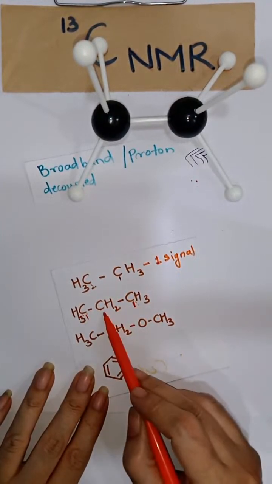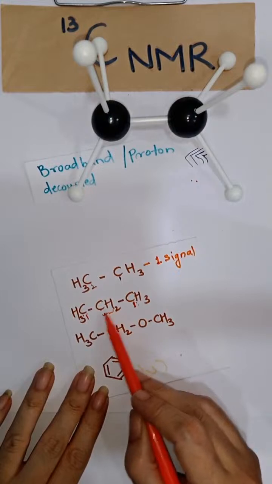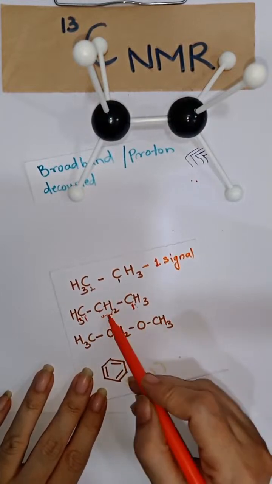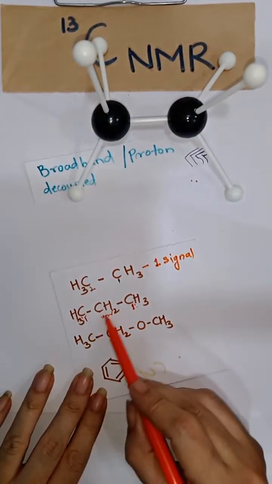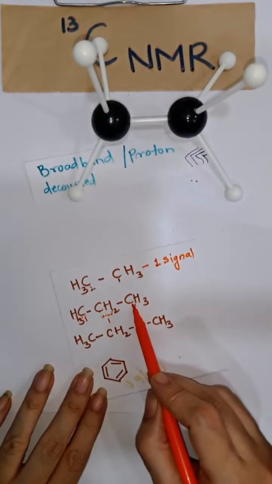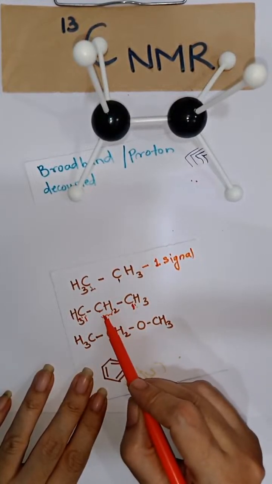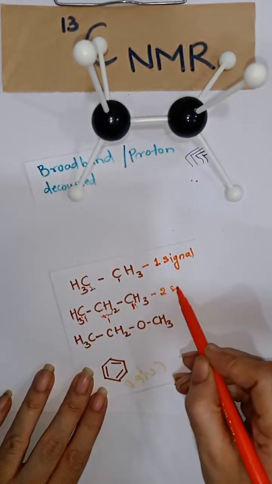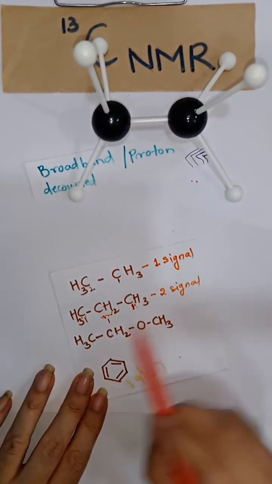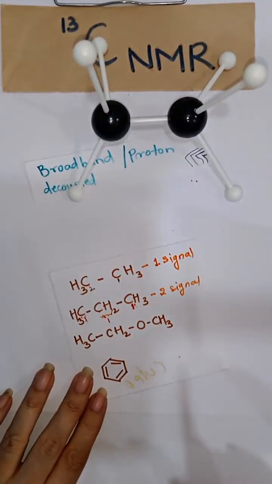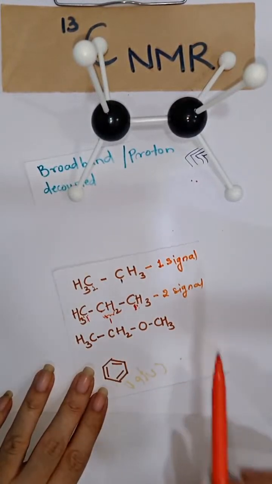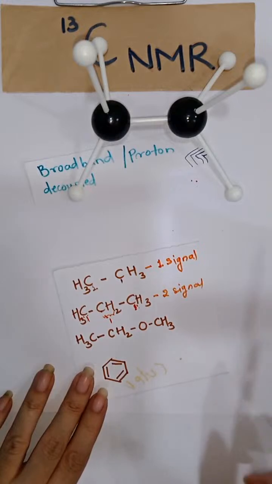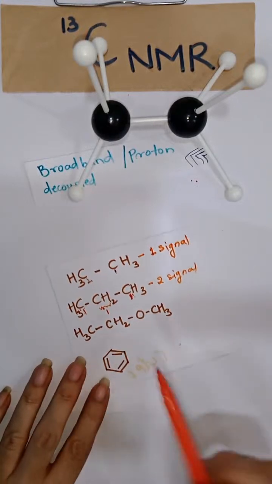But this is different. It has two hydrogens. Therefore, it will give one signal. These two together give one signal, and this gives one signal. So 1 plus 1, you will get two signals. So you can say there are two chemically non-equivalent carbons present. Therefore, we are getting two signals.